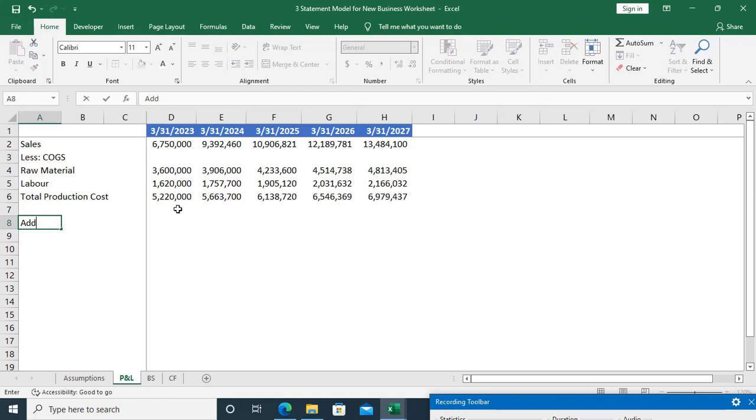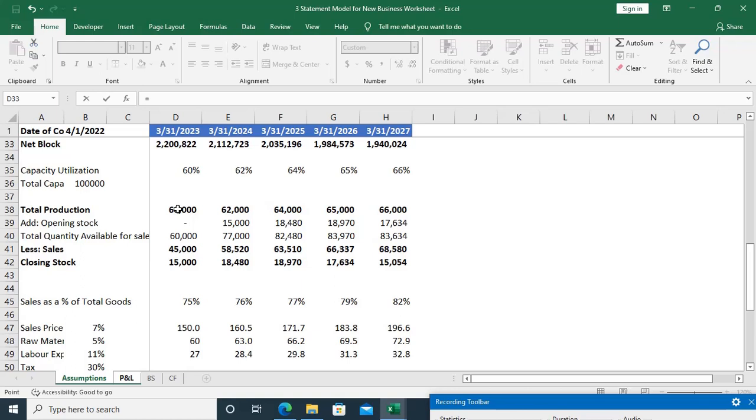So add opening stock, less closing stock. Now opening stock, what should it be? It should be opening stock, this one.